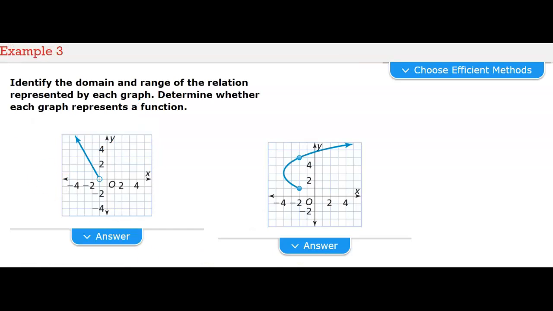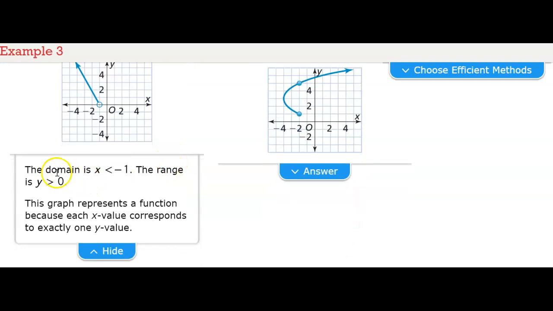Identify the domain and range of the relation represented by each graph. Determine whether each graph represents a function. Let's look at the first graph. Start here and it goes like that. The domain is x is less than -1.